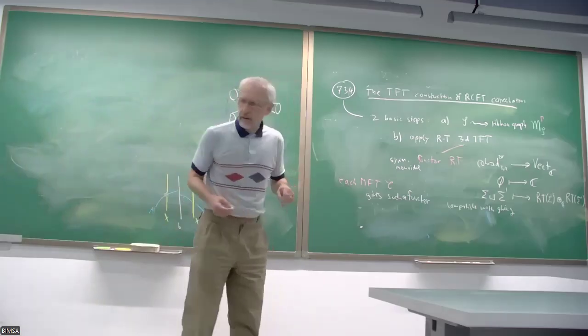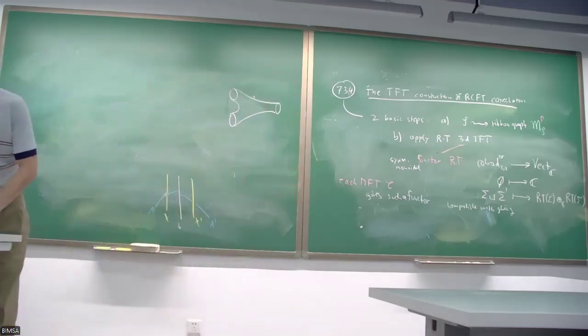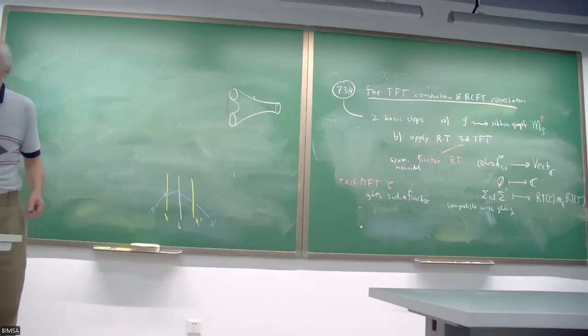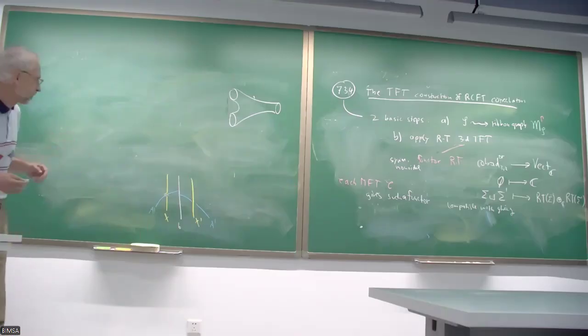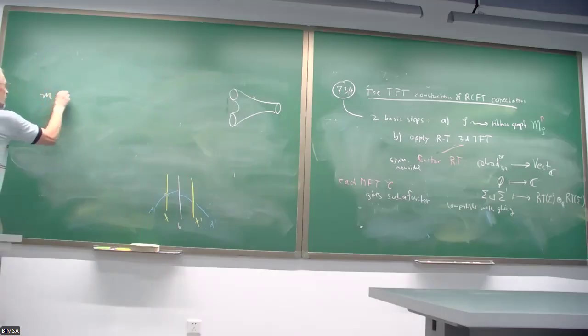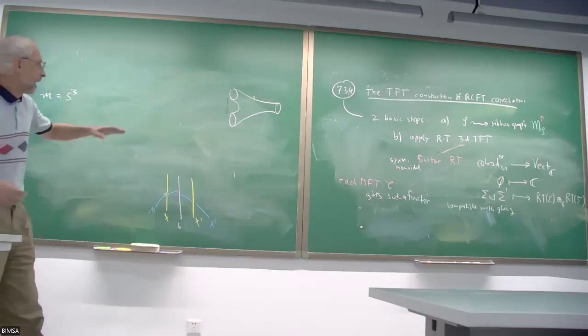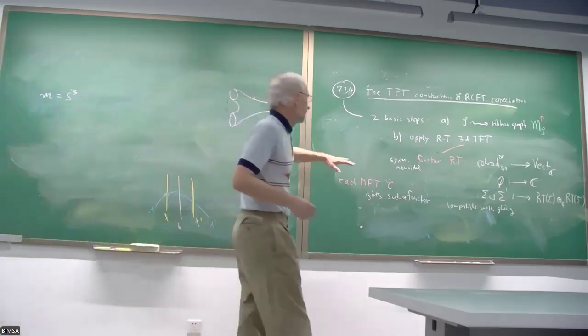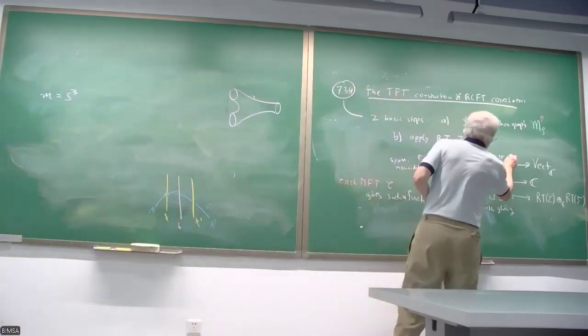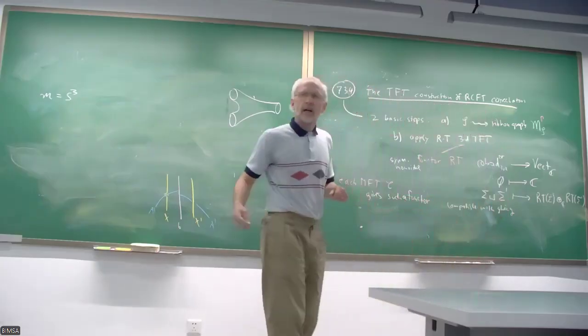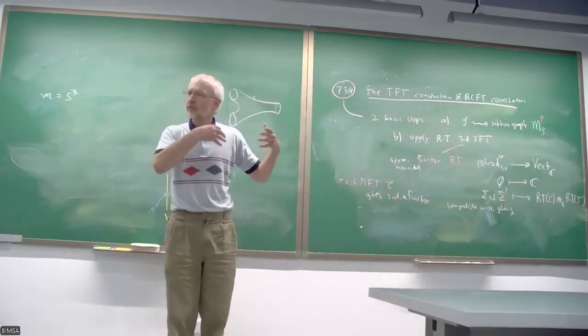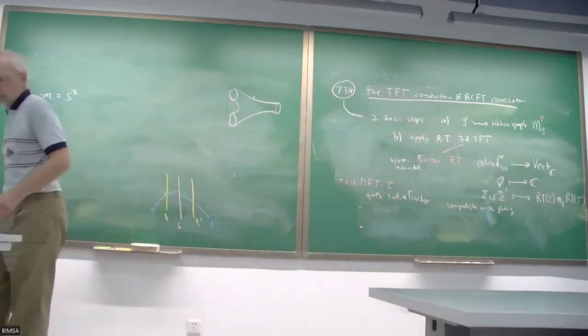Let's look at the situation that my 3-manifold M3 is the 3-sphere S3. I allow for embedded ribbon graphs in that 3-manifold; one should say a little bit more here.